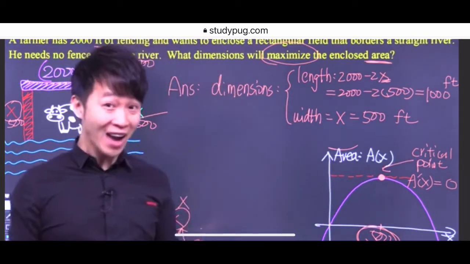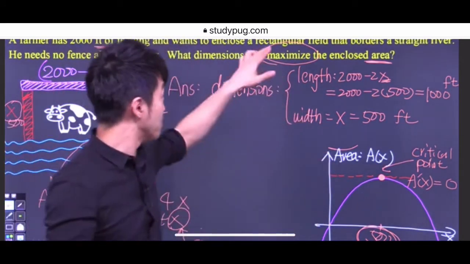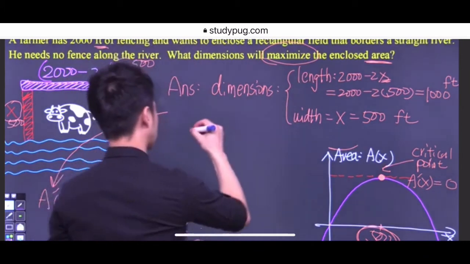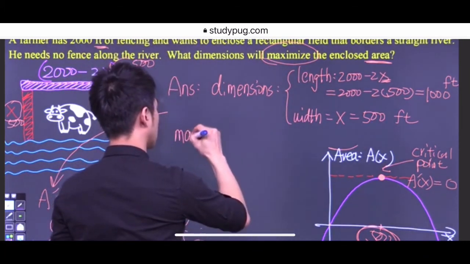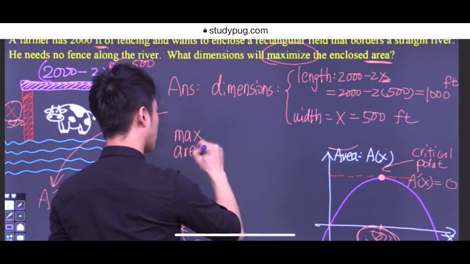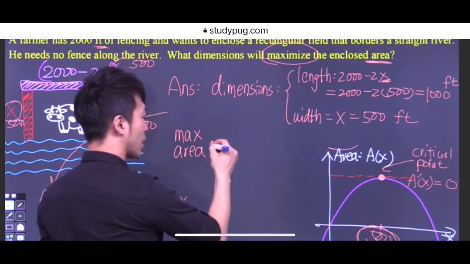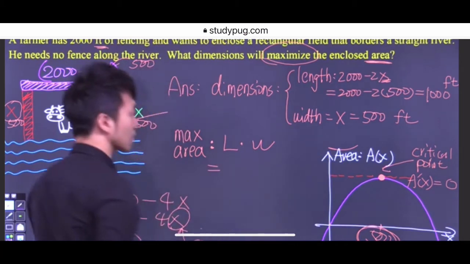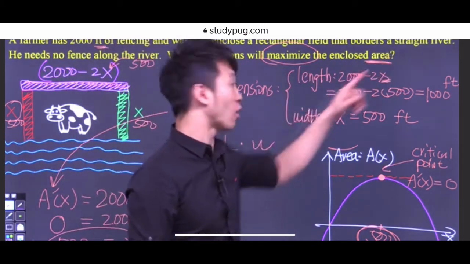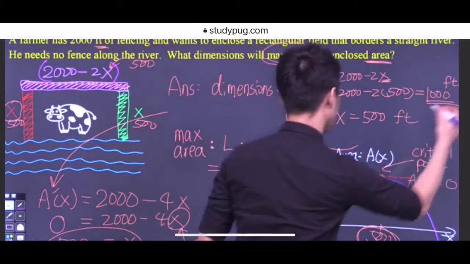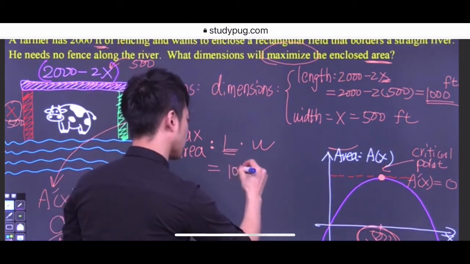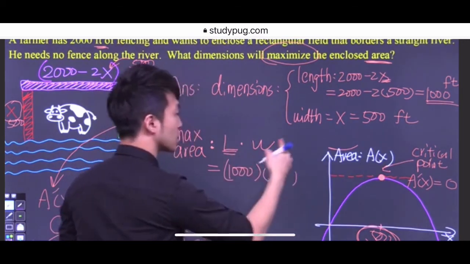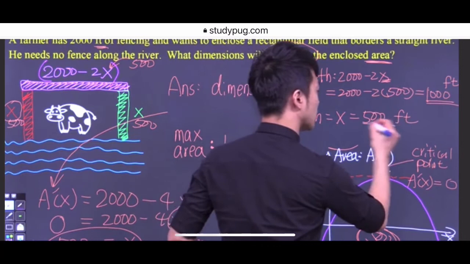Now, what's the value of the maximum area? Well, that's easy too. Area is equal to length times width, right? Our length must be 1000 feet, and our width must be 500 feet.